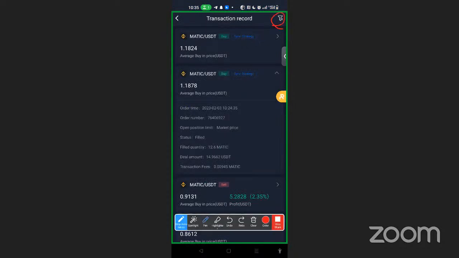It was able to open this trade at market price. This was the quantity and this was the deal amount of that transaction.